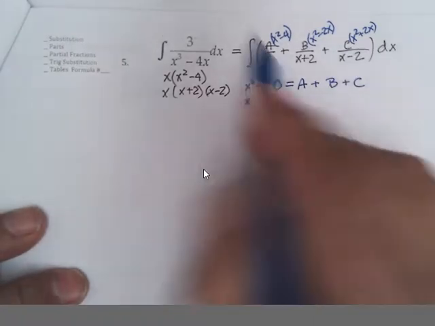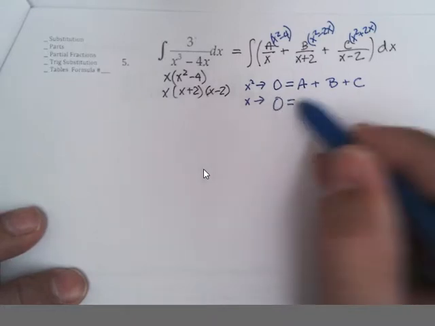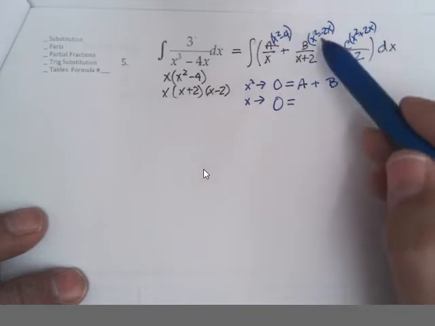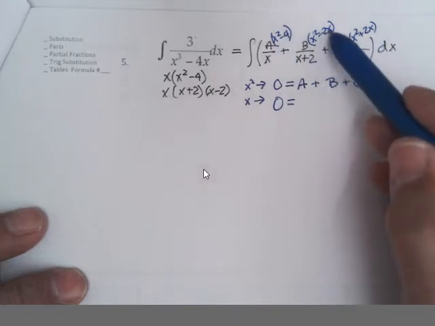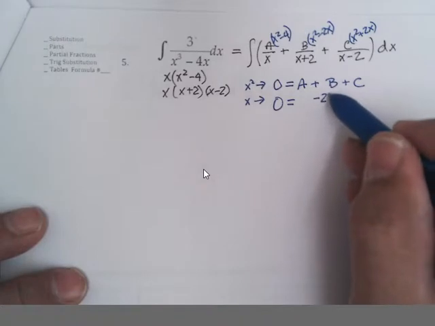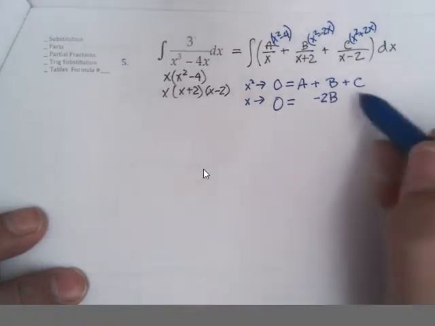Then I look at the x's. There's none over here. Over here, a times, there's no x in that, so I'm not going to get a times any x's, but I do get minus 2x's times b, so minus 2b, and c times, I get 2x's there, so it's plus 2c.